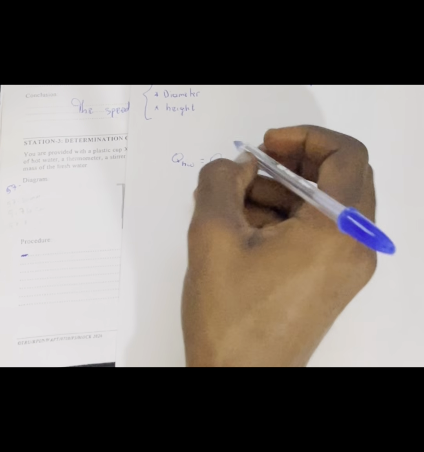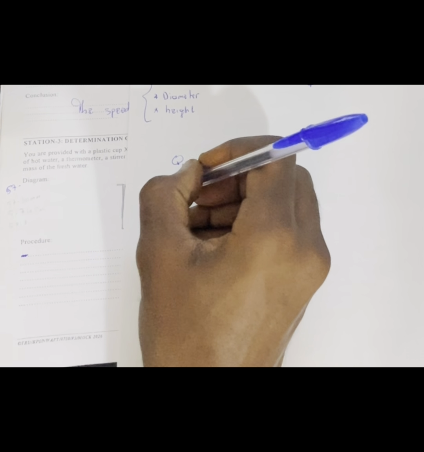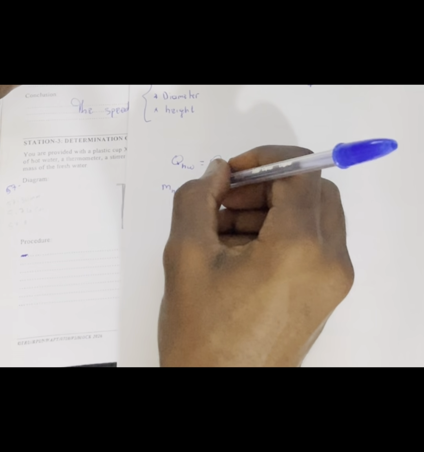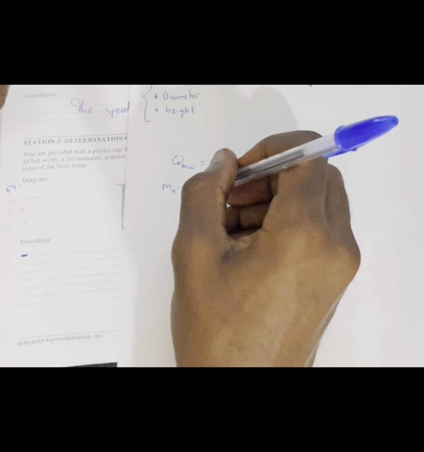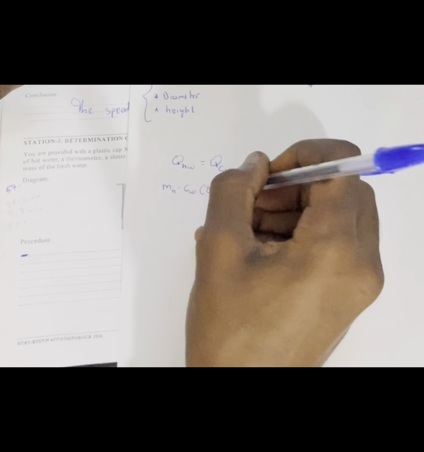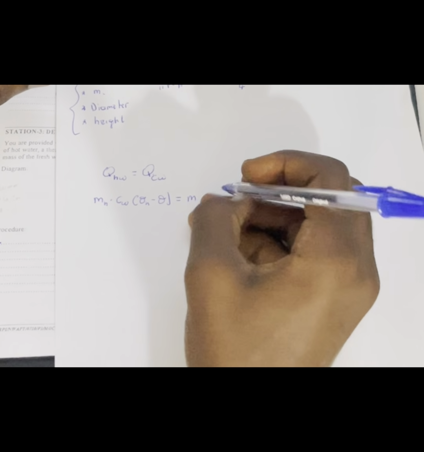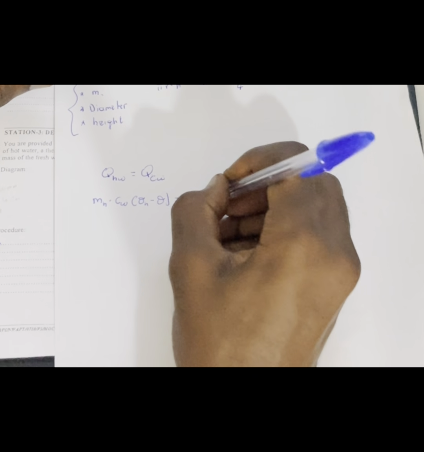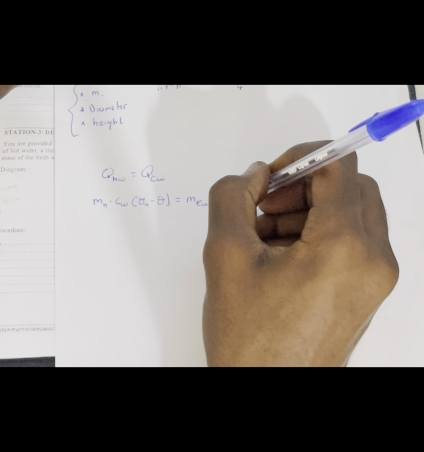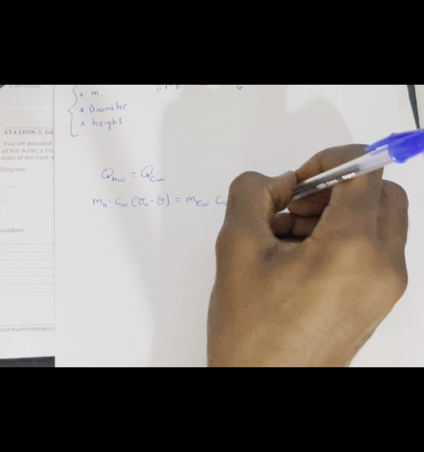And from there, the heat lost by hot water is simply equal to the mass of hot water times specific heat capacity of water, times theta of hot minus a certain theta final. Then mass of cold water times specific heat capacity of cold water, times theta final minus theta cold, since it is gaining heat.